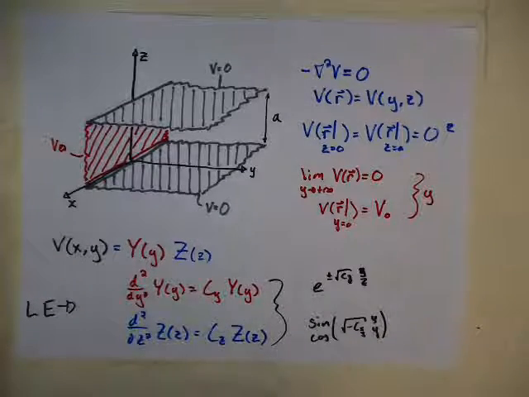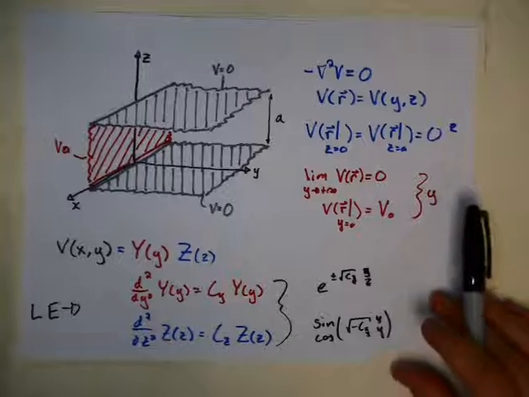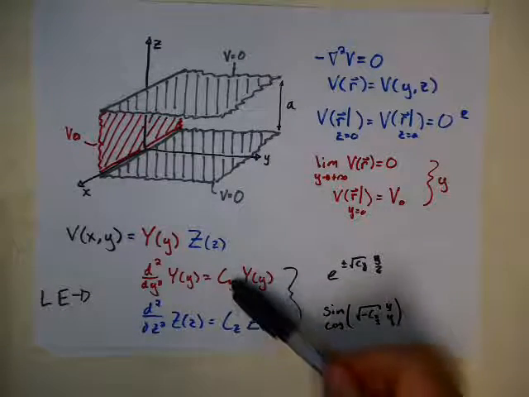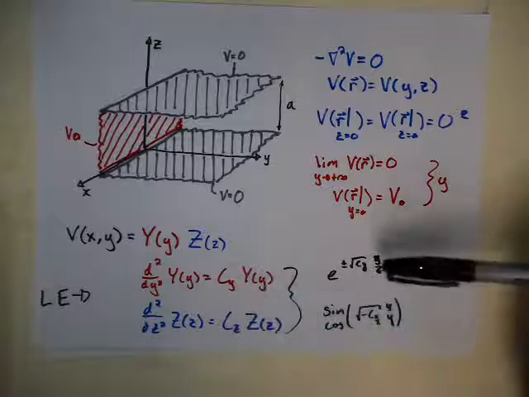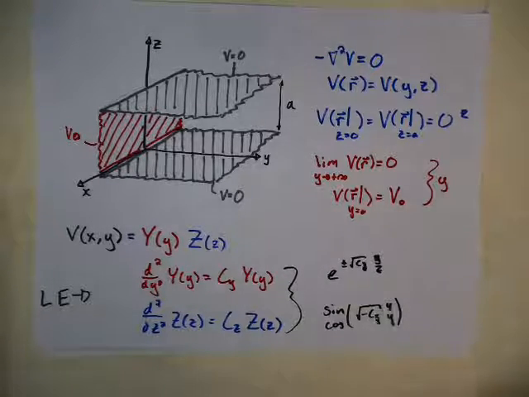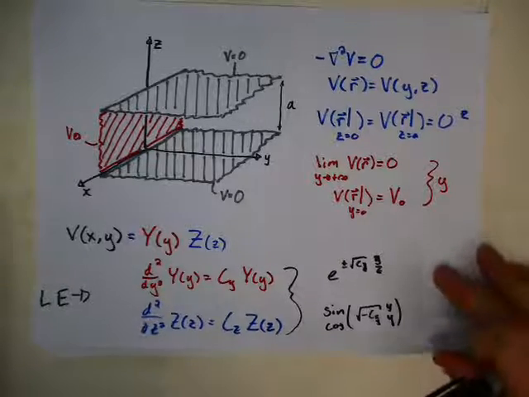That's just what the solutions are going to look like. We've seen these types of differential equations many, many times before. We should immediately recognize, depending on the sign of c_y, if c_y is positive, you get exponentials. If c_y is negative, then you get sines and cosines, such that the square root here would be a positive number.